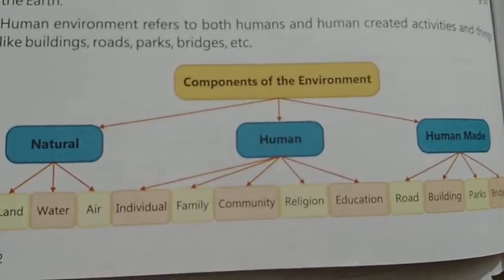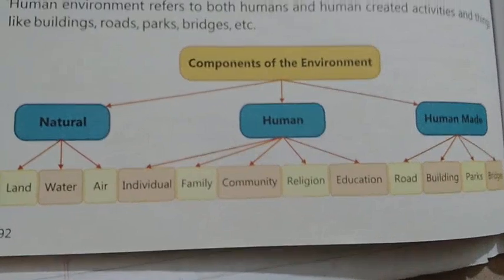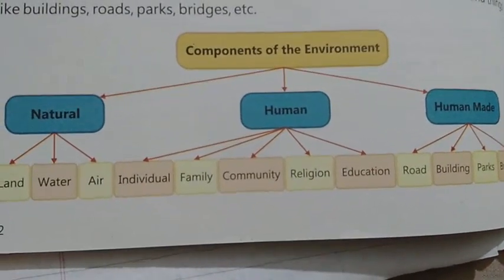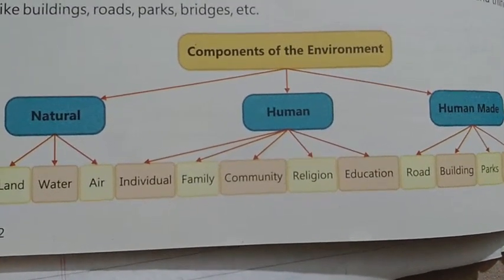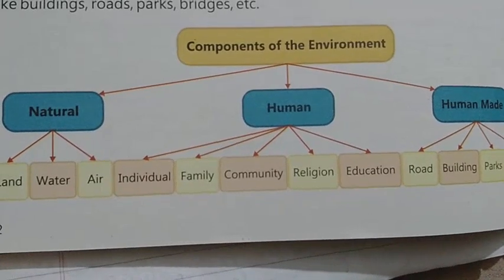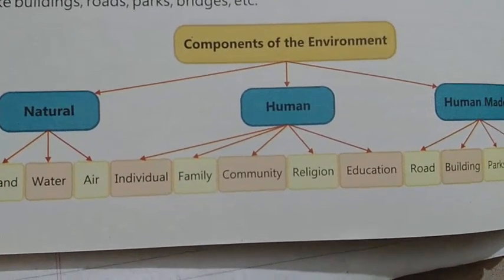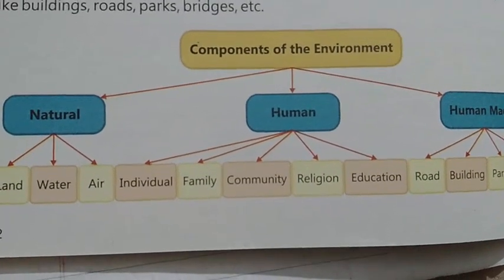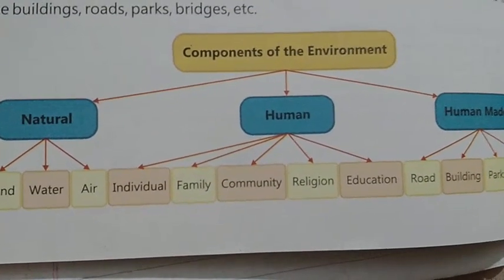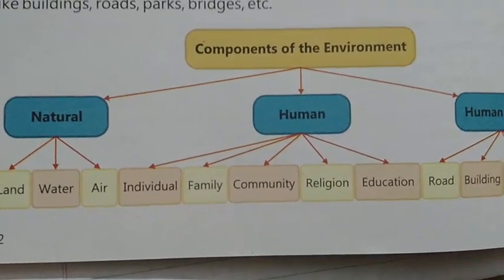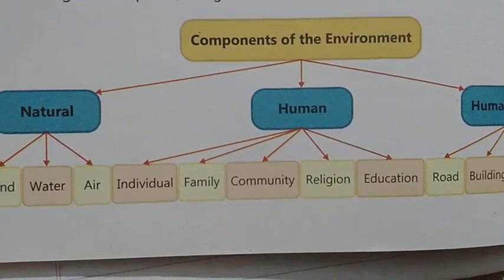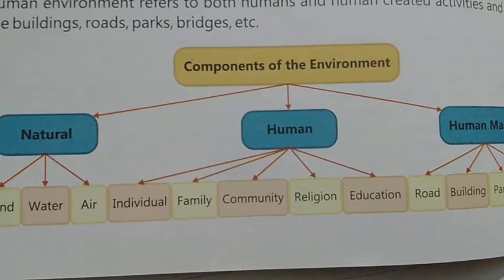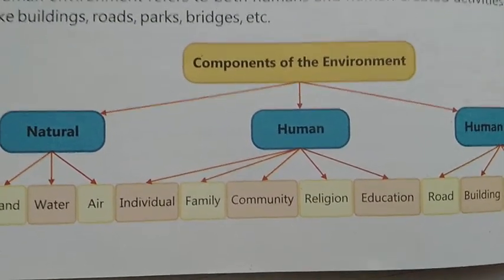Next are the components of environment. As I told before, there are two main types of components in our environment. They are biotics and abiotics. Biotic components are the living organisms and plants. In the abiotic components there are the soil, land, water, air.